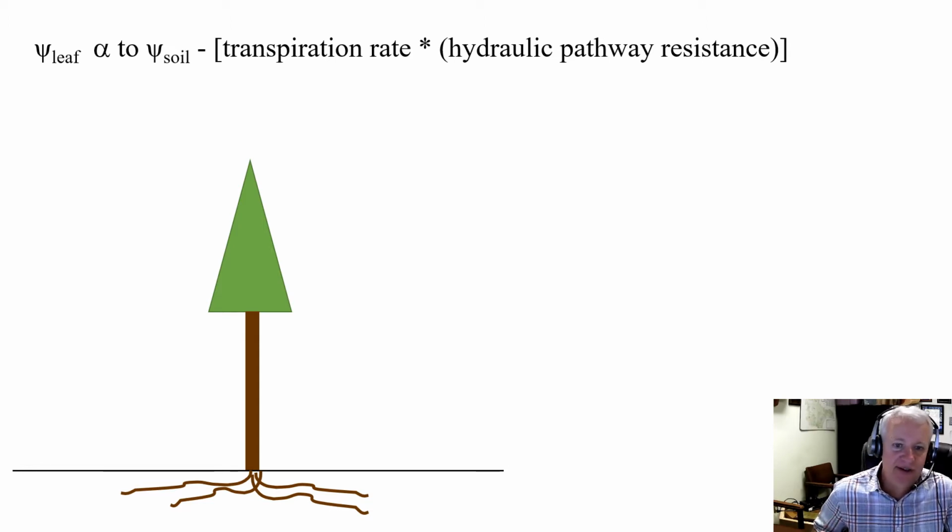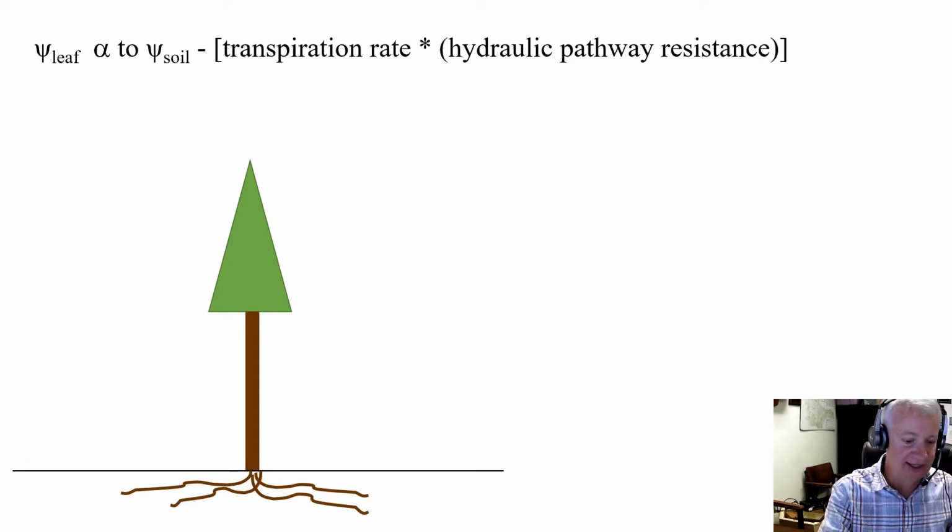And I like to use this equation. It's a heuristic equation. That just means it's an equation that isn't necessarily mechanistically exactly correct, but it includes the important factors to help us think about how they interact in controlling water potential in, for instance, a leaf.